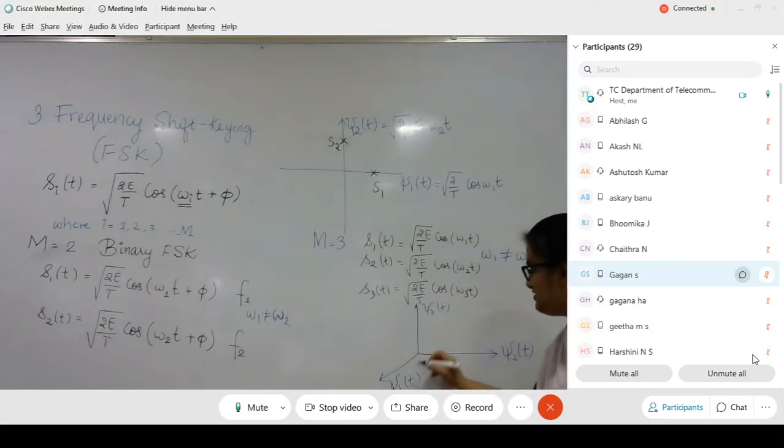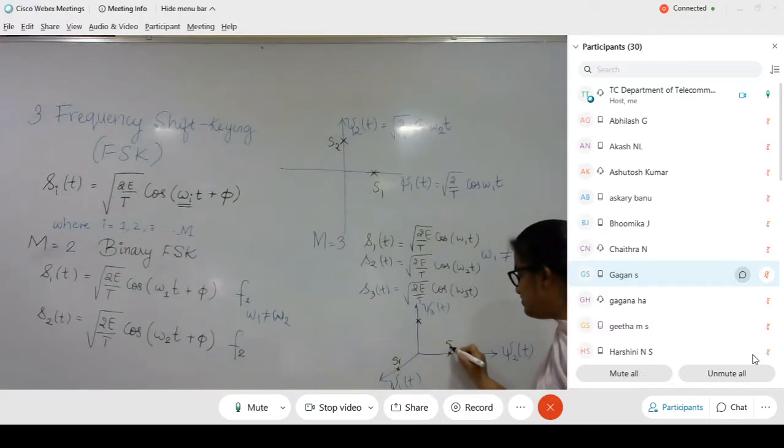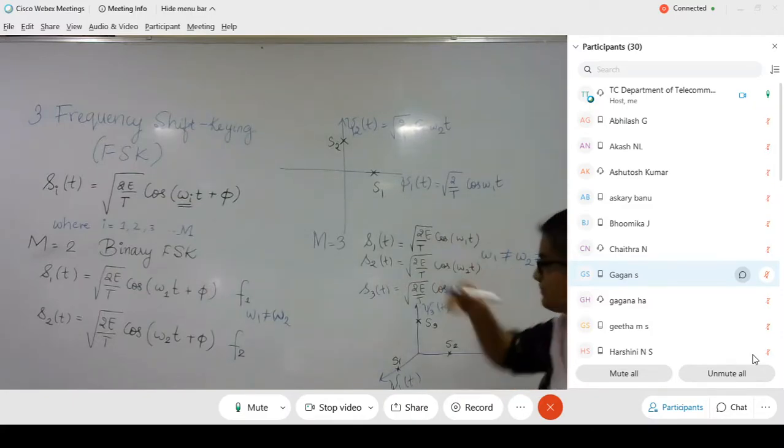Therefore, I can locate these symbols S1, S2, S3 on the corresponding basis functions, which is S1 along xi1, S2 along xi2, S3 along xi3. So this is the FSK representation. Now, coming to the case of MFSK.